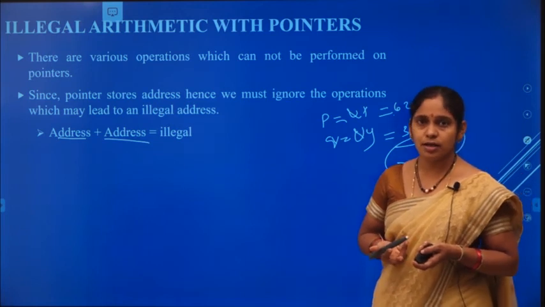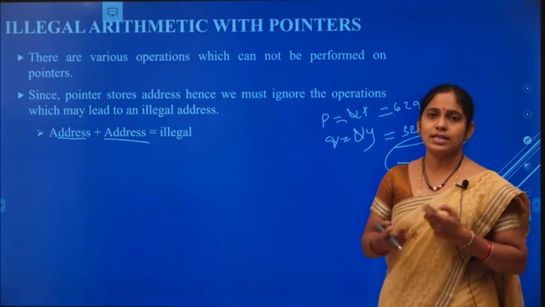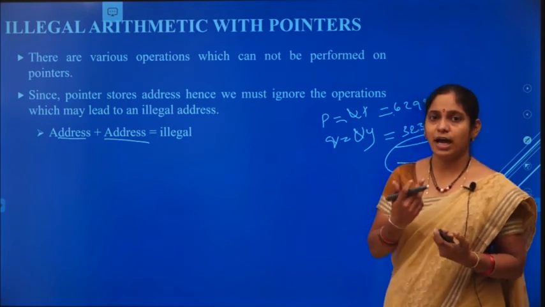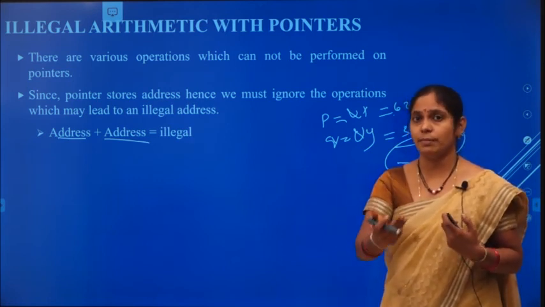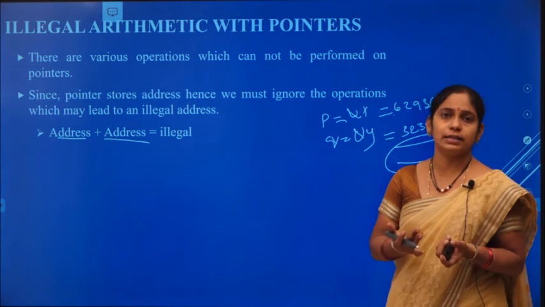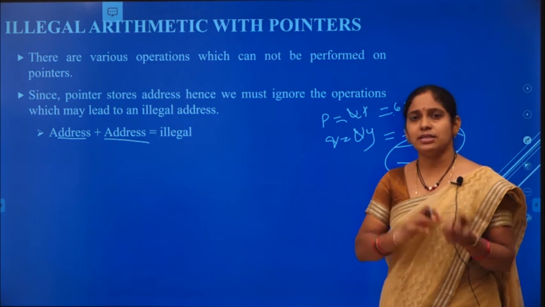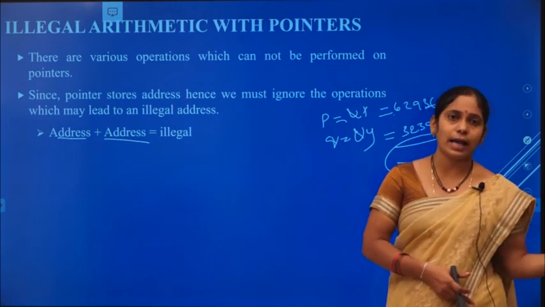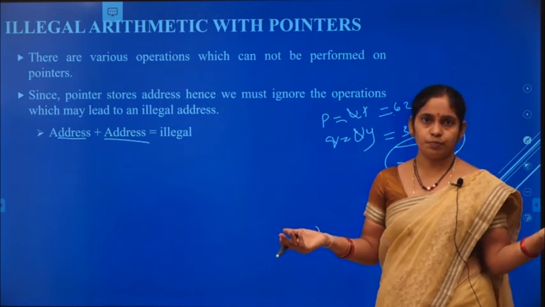Is it possible? No. Assume your house address. When we are incrementing that, we are telling the address next to our house, or two houses from my house; we are just moving two steps forward. Previous two houses to my house means I will move back. So increment and decrement I can do.